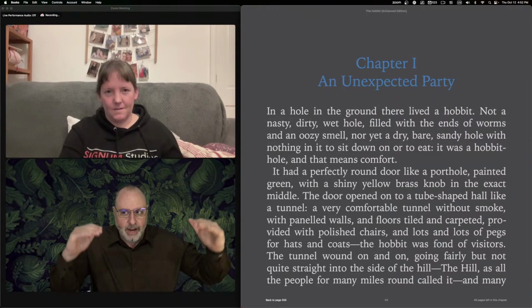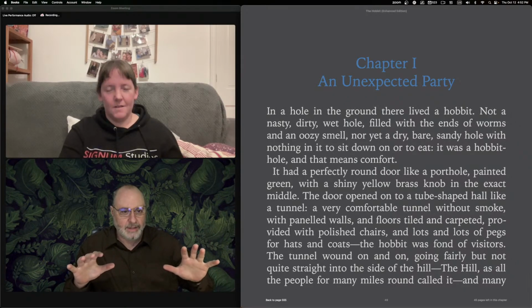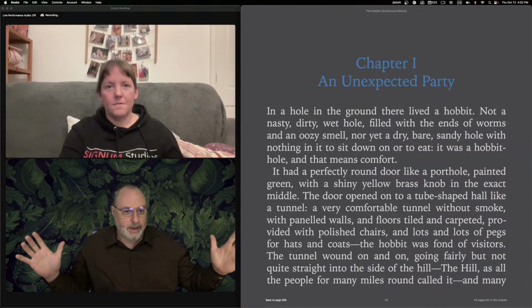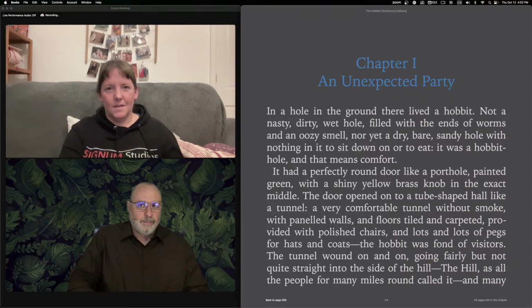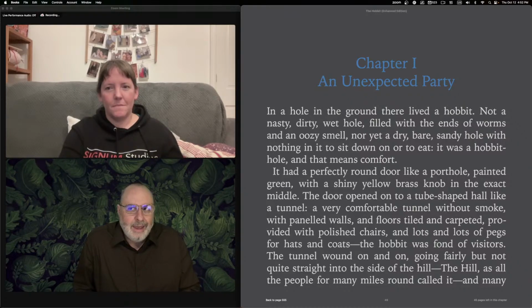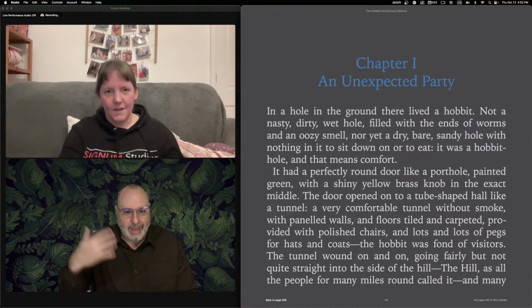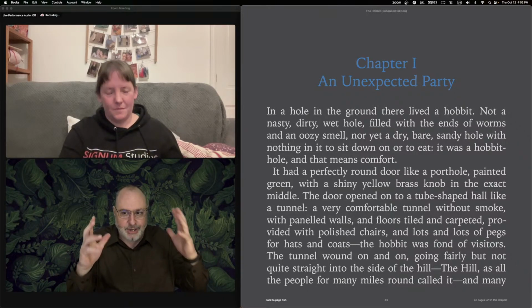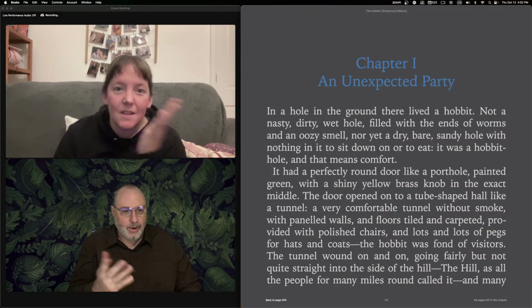Tolkien's descriptions will be so detailed and so itemized like this, and yet he leaves so much to the imagination. It's so common. The way that Tolkien manages to invite our imaginations along, right? It's impossible not to create a detailed picture in your head, right? And that's what's so powerful.